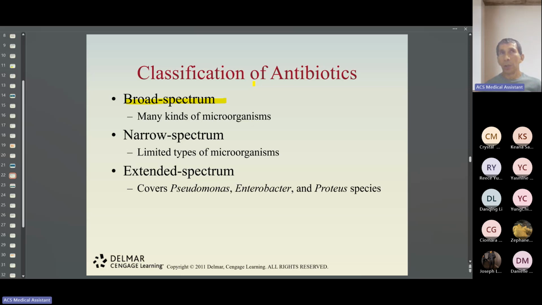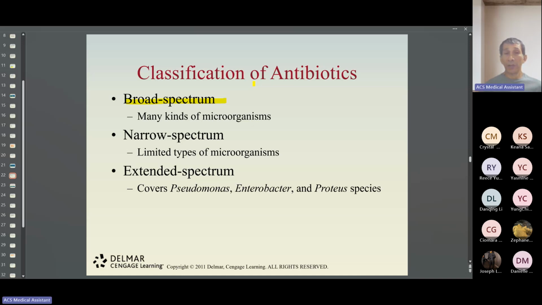Extended. Now, it covers other microorganisms that otherwise wouldn't be covered by broad spectrum or narrow spectrum, particularly those that survive without oxygen. So that is how it works.